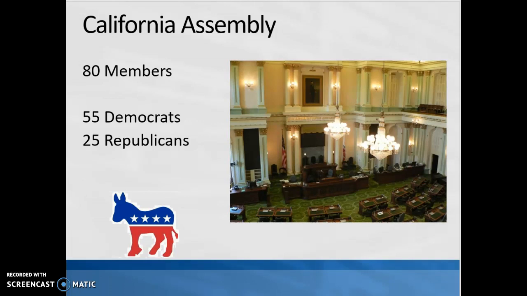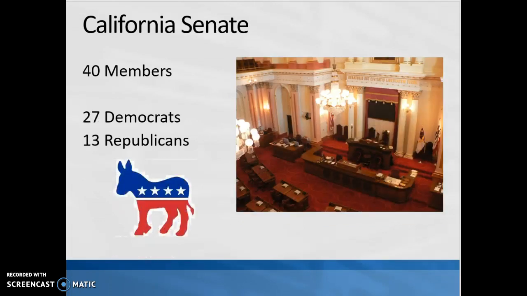with 55 Democrats and 25 Republicans. The donkey symbol for the Democrats is here. It's almost a surety that the Democrats will maintain control. They have a 2/3 majority by a hair, and so they certainly have no problem holding on to a majority.